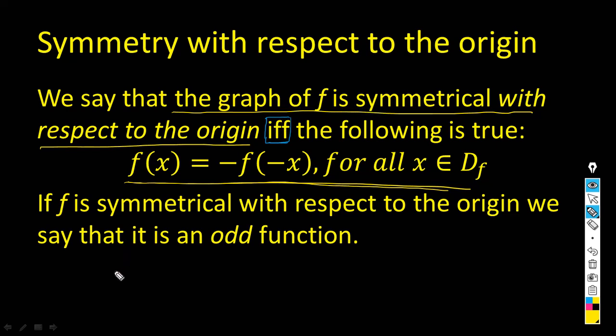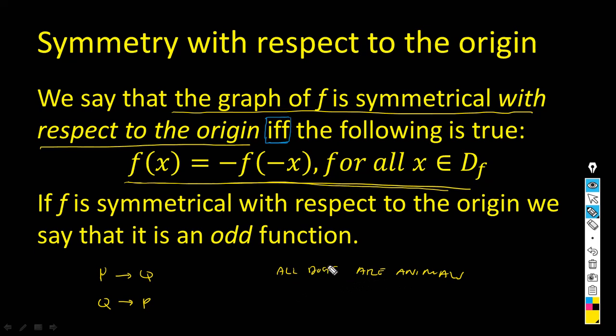Because remember, when we have two statements, for example P and Q, the fact that P implies Q doesn't necessarily mean that Q implies P. I gave you some examples about that. I can say all dogs are animals, but that doesn't mean that all animals are dogs.